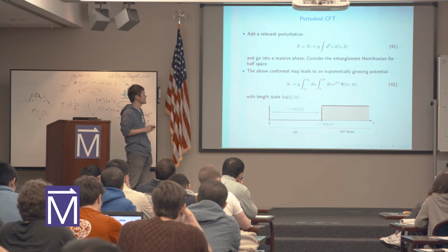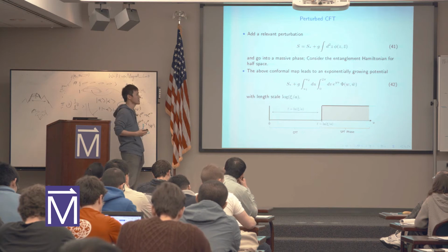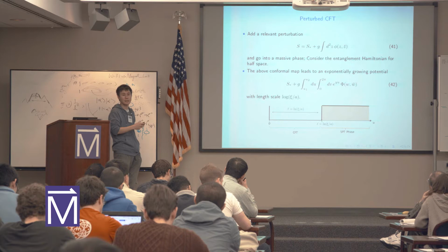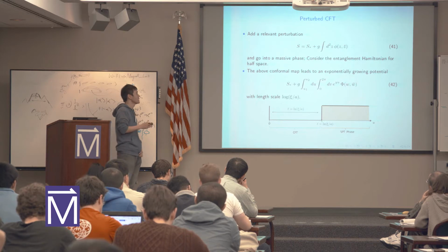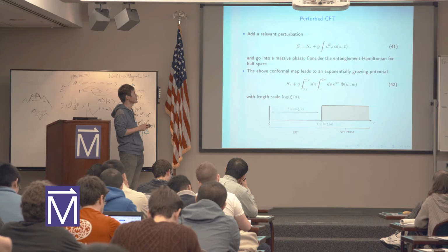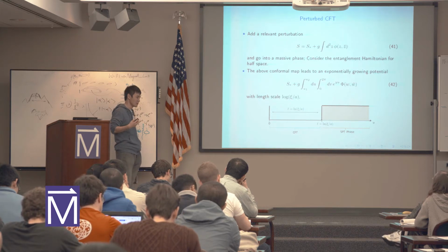So what it means is, this S star part is the conformal field theory Hamiltonian or conformal field theory action. So this part is invariant under conformal transformation. This part is not, so it's somehow inconvenient, but you can keep track of how this term transforms under this conformal transformation.